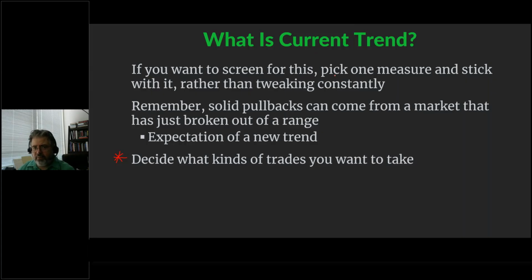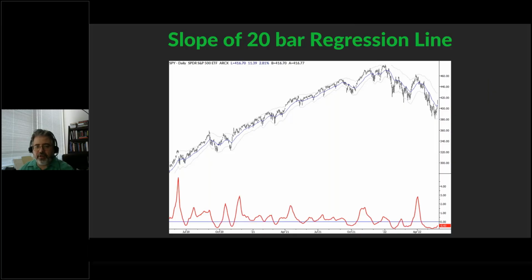We're thinking now about quantitative screening, and I do want to point out that if you're thinking about measuring the current trend, there are a lot of different ways to do that. We talked about that on a previous day, but I do want to show you that time frame matters a lot. I'm going to flip back and forth here between two slides.